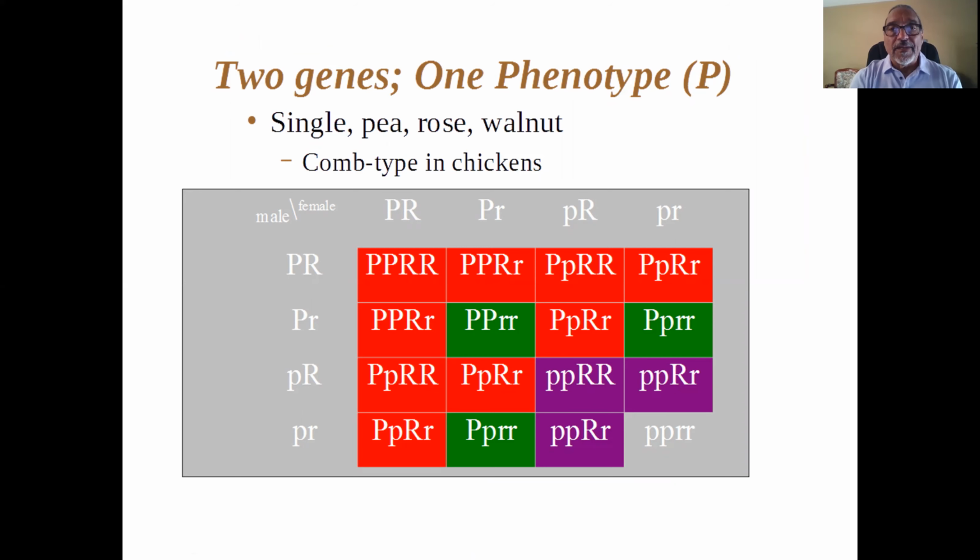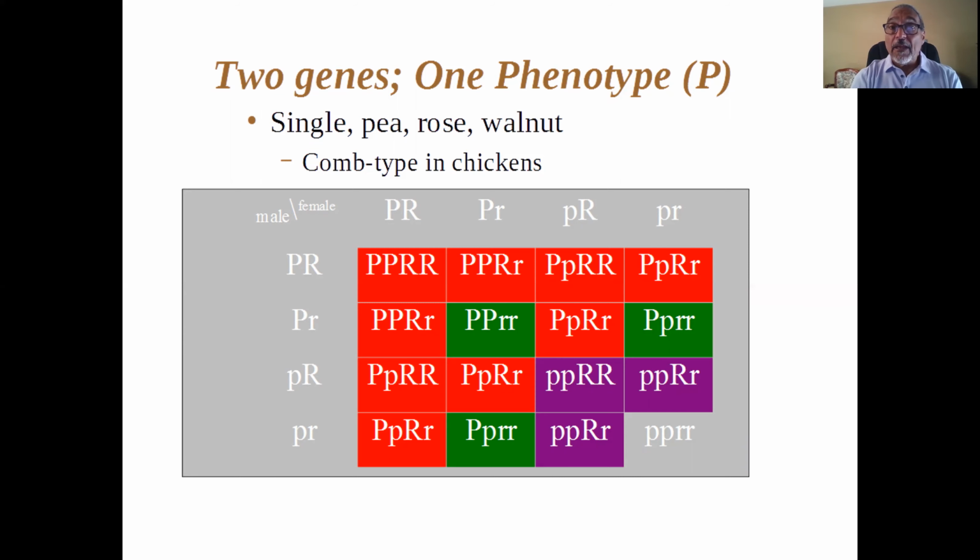Now, notably, P is dominant to single, Rose is dominant to single, but they are two different loci. So in order to have a single comb chicken, we need to be homozygous recessive at both the P locus and the Rose locus.